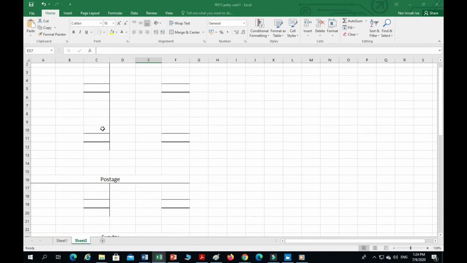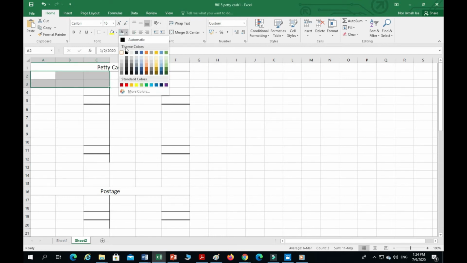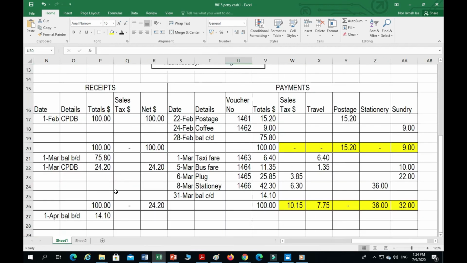So this is the account for the petty cash. So for this reimbursement, we record it here. This is for 1 February. So we post for February 1st because this transaction is related to the 2-month transaction.